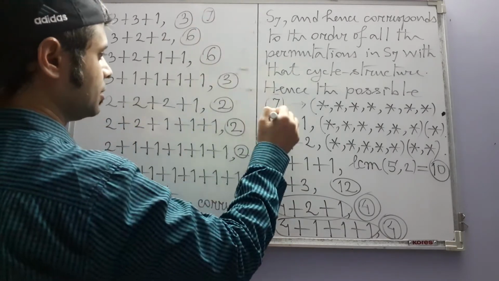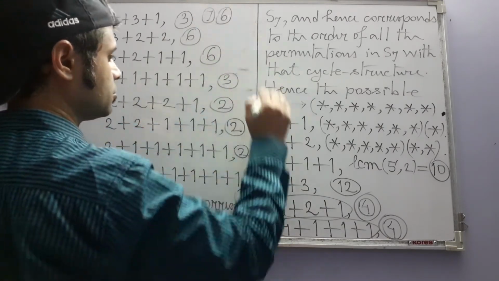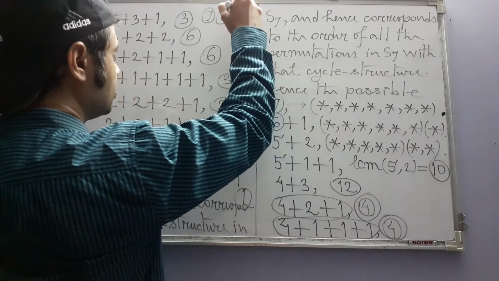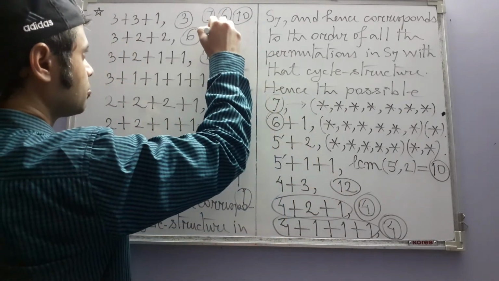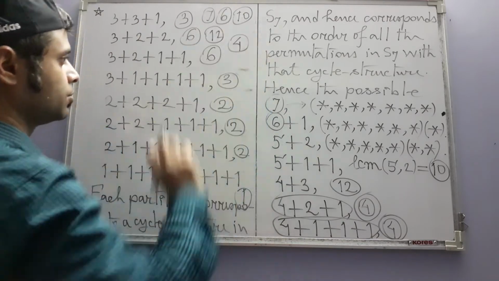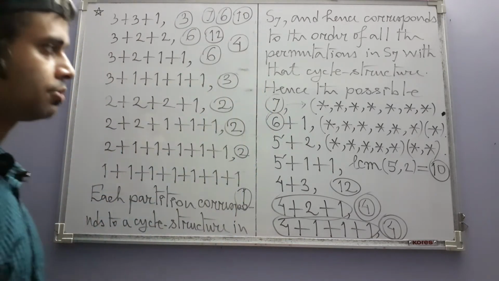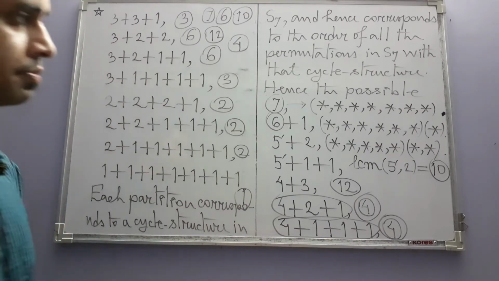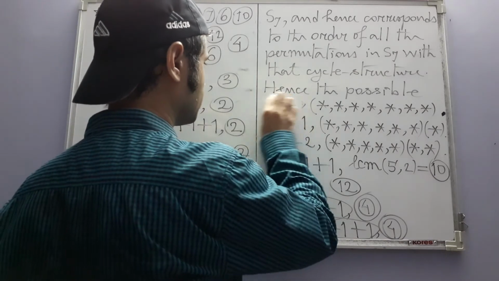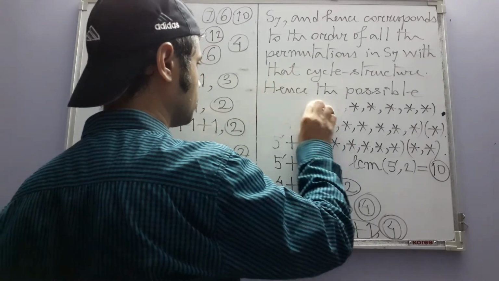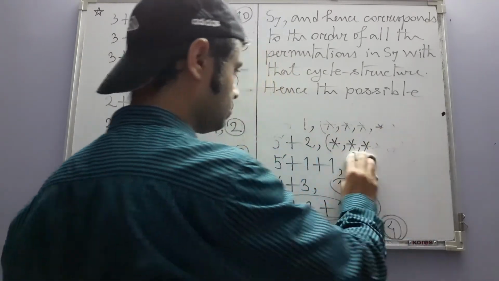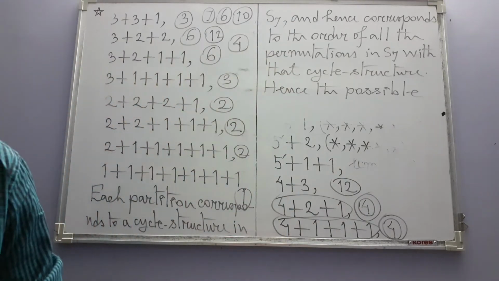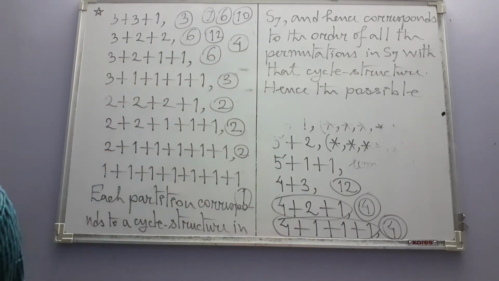We have 7, then 6, then 10, 12 and 4. Okay, so now we can write the orders here.